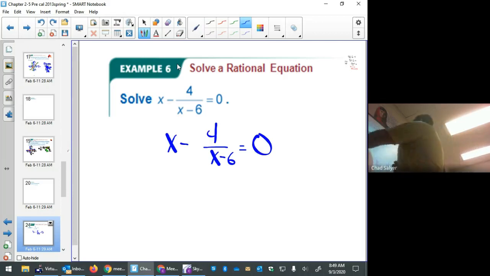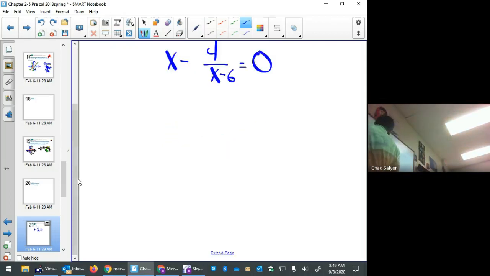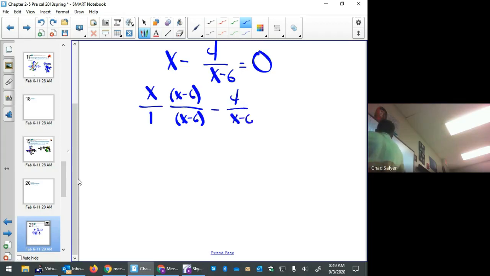So the way we're going to make that happen is I'm going to rewrite x as x over 1, and then I'm going to multiply top and bottom by the denominator over here. So I have x squared minus 6x over x minus 6 minus 4 over x minus 6.